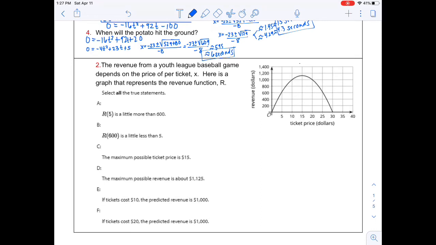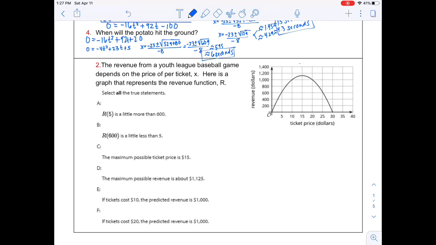Let's take a look at question number 2. The revenue from a youth league baseball game depends on the price per ticket x. Here is a graph that represents the revenue function R. So again, we're comparing along the x-axis the ticket prices in dollars, and along the y-axis the revenue, the dollars that we made after tickets were sold.